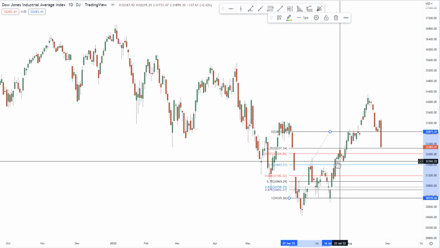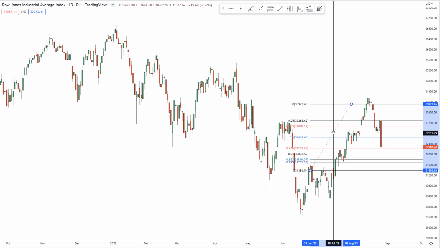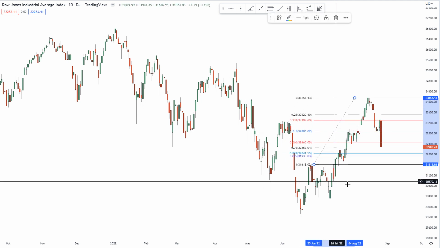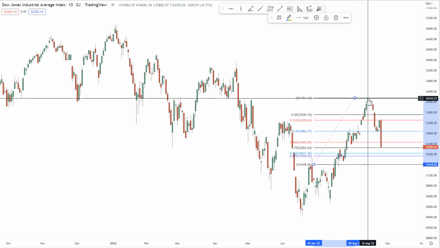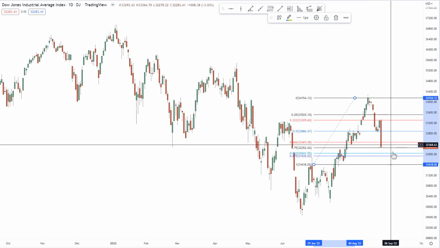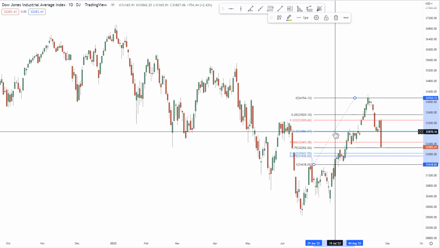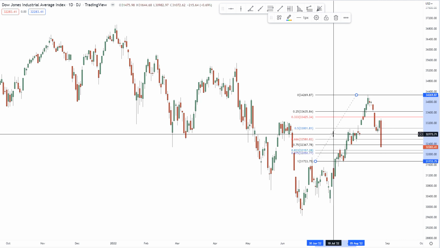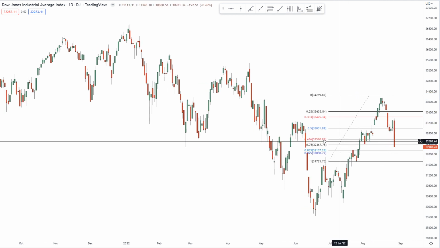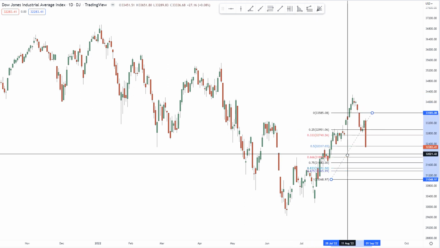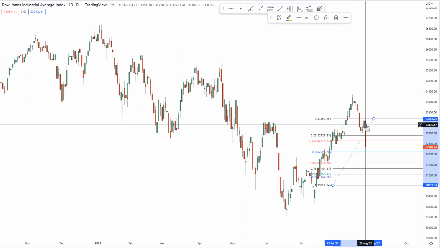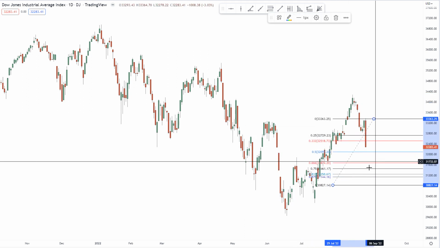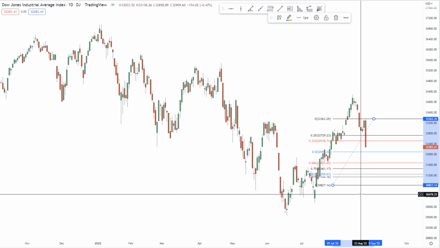And of course, we have a low right here, which we top the market off right there. And then we have been moving down right here, so we can anticipate the possibility of this level, or maybe more so, this level right here being important and possibly stopping the market.